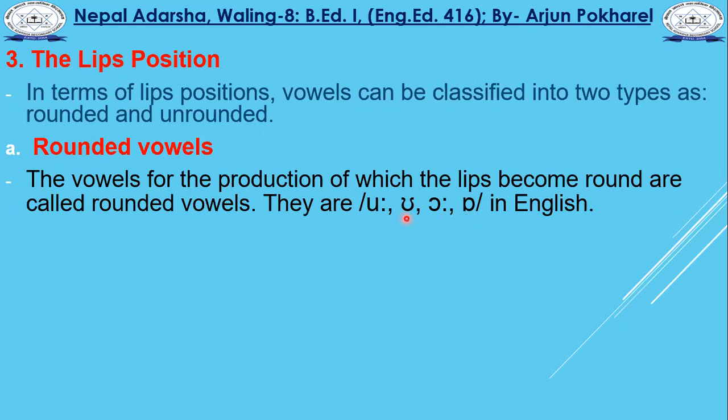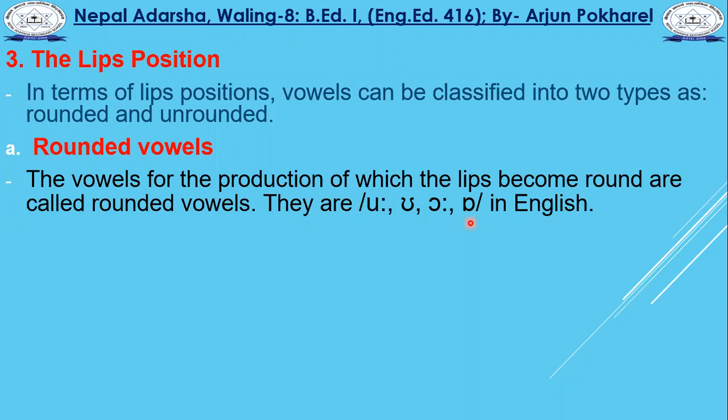Actually, u and o, whether they are long or short, come in the description of rounded vowels according to the lips position or lips posture.